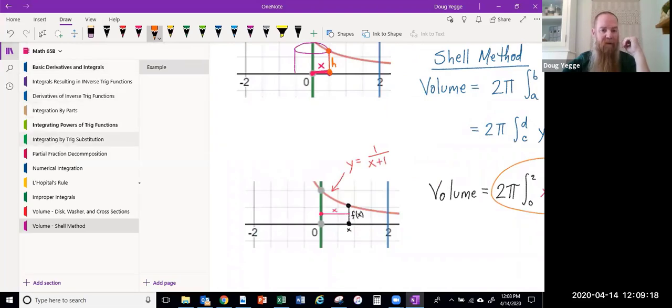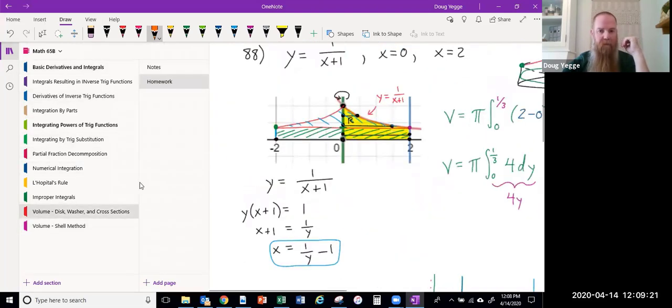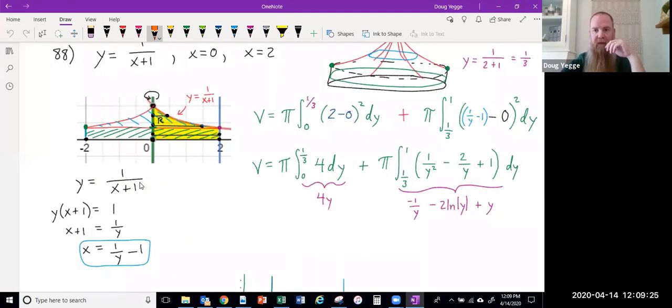Go back here to this problem, and now take a look at the integral. We had to break this up into two separate parts. We had to write it as an integral from 0 to 1/3. We had to figure out that this value right here was 1/3. We had to break it up from 0 to 1/3 and then 1/3 to 1, two separate integrals.